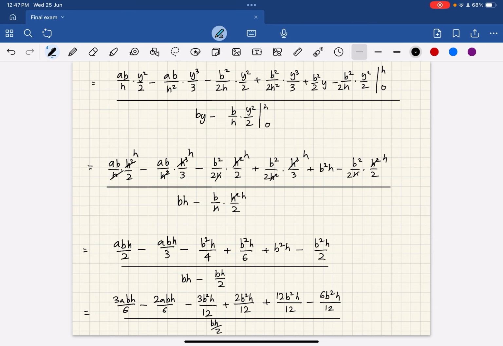And we have here, and we also have b squared over 2h. Okay, so then we have here, right, and we also have this part as well.